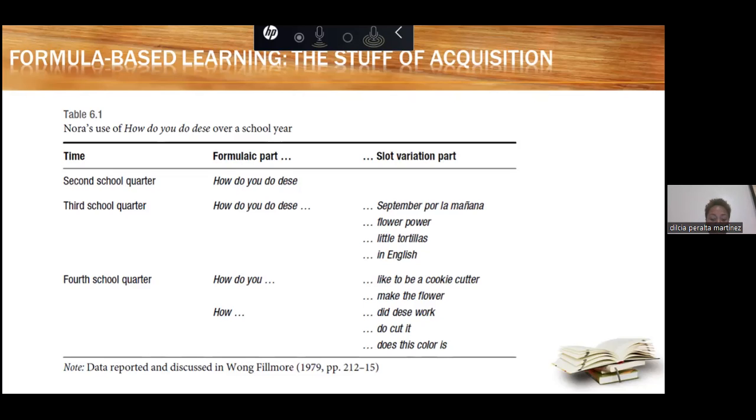In this view, language acquisition proceeds bottom up, from formulas to low-scope patterns to constructions, in an implicit, inductive process driven by interactional strategies.